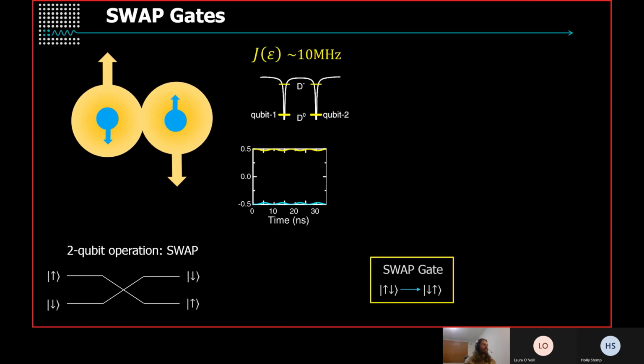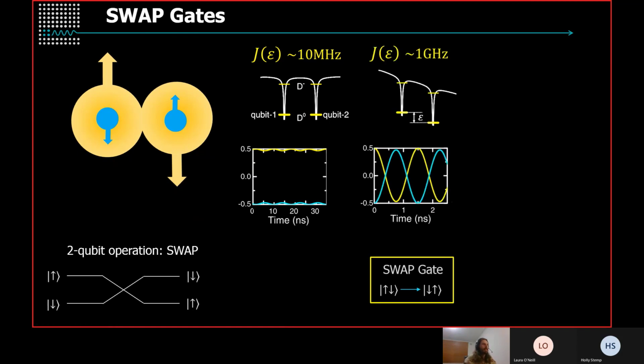So this exchange interaction is something really intuitively useful to implement a swap gate, because in the swap gate we exchange the spin of 2 qubits, and this is exactly what the exchange interaction does. So we start off at a value of exchange that is very small, so that we can nicely implement our states without having any rotations.